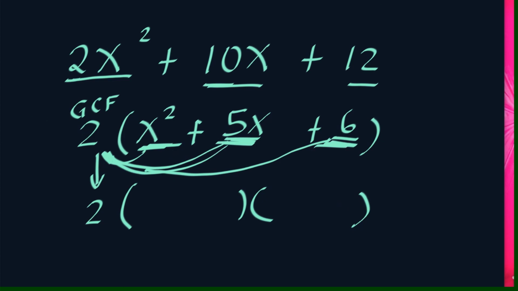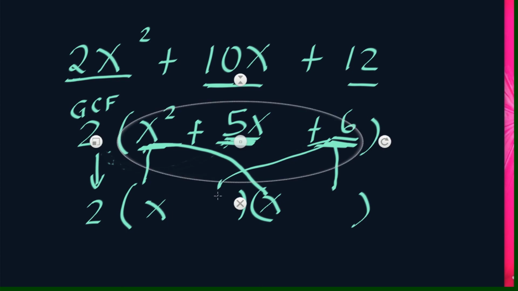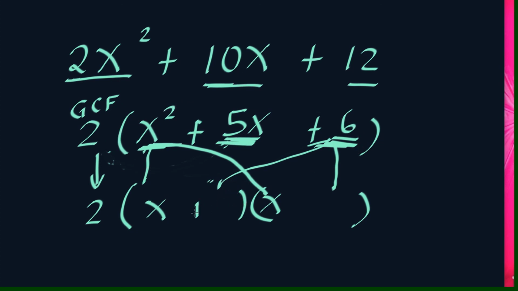Okay, so let me clean this. All right, so start thinking about how you factor this trinomial again. So we do the x squared first. Factors of x squared will be x and x. And then we go to factor the 6, which is positive.